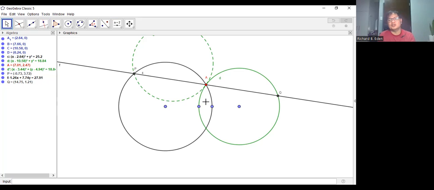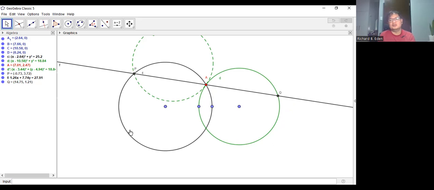So that's how we know that A should be the center of the half turn that we have to use. And because Q is part of C2, the green circle, the image of Q should also be part of the image of the green circle.